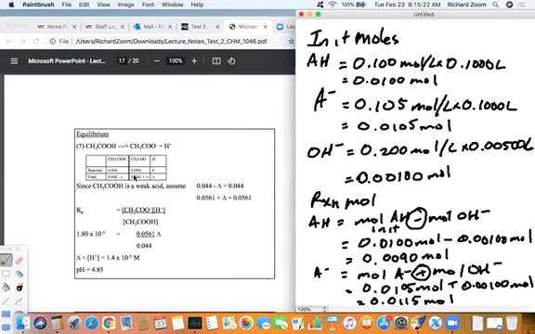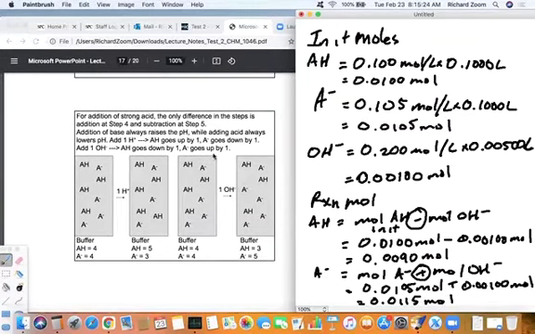Okay, again, the plus and the minus are the result of what's happening in the reaction mixture when we add OH minus. The AH goes down, because it's reacting with the OH minus, and the A minus goes up. So I will just put that over here so that you can be super certain of what's going on.